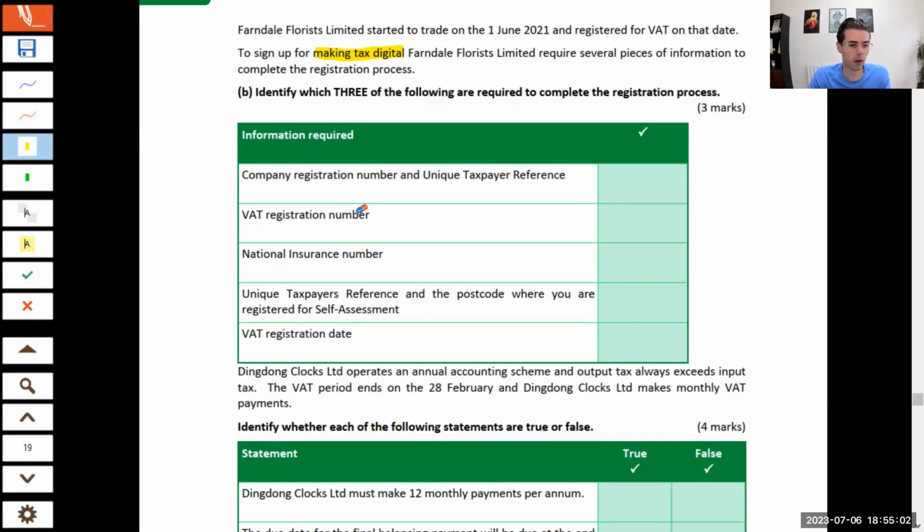Now, this is one of the very few parts of this task that isn't in the reference material, okay? However, the answers are still moderately easy to point out here. We're talking about Farndale Florists Limited, so we are dealing with a limited company. Is there anything on here that doesn't fit that bill?